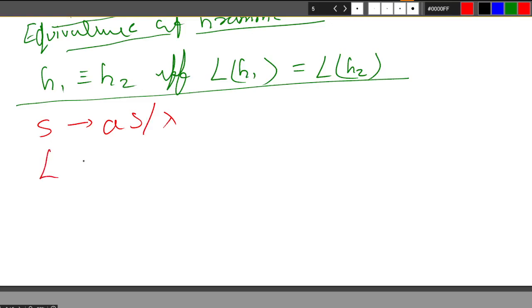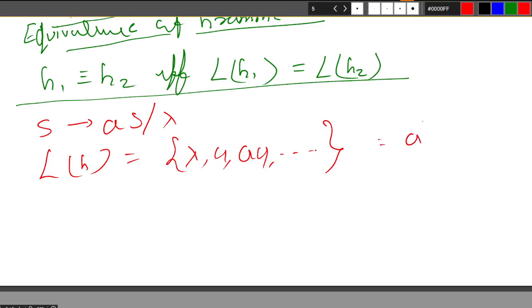The language of this grammar has lambda as well as one a, two a's, and any number of a's. You can also write it as a to the power n, where n is greater than or equal to 0. If you want to write a regular expression for it, it will be a star.